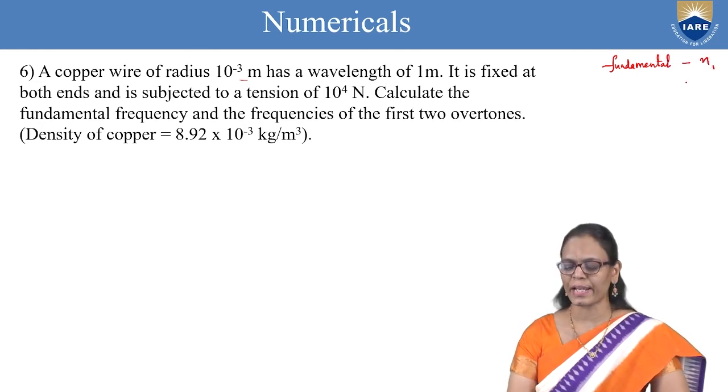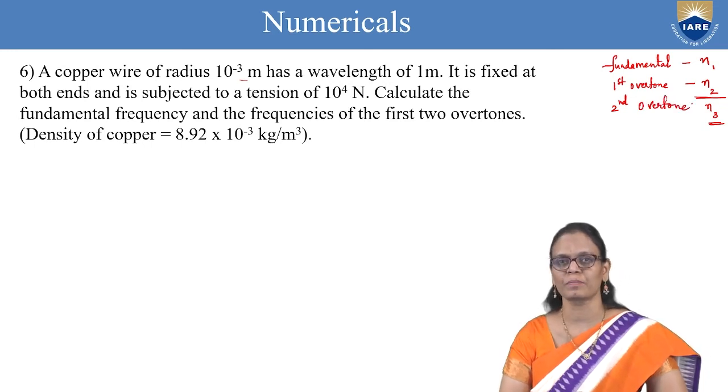Now the second harmonic will be N2, then N3 and so on. Now, if I have to find the first overtone, the second frequency will be the first overtone. The third one will be the second overtone. This you need to keep in mind before we proceed further.